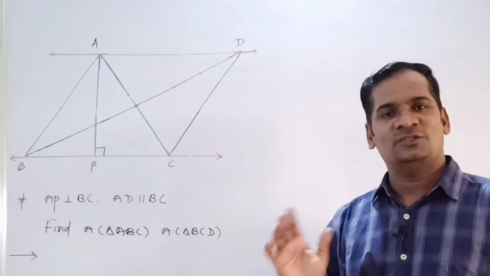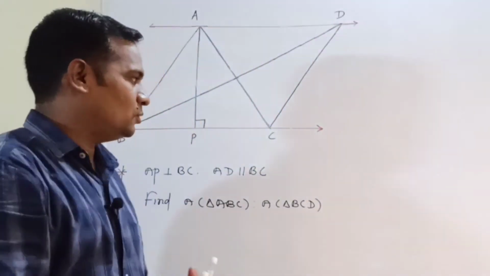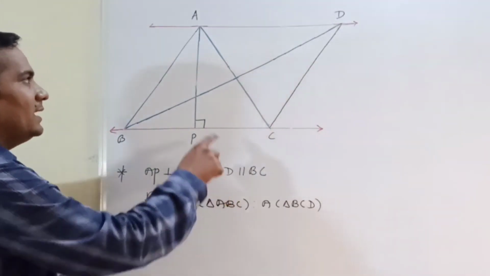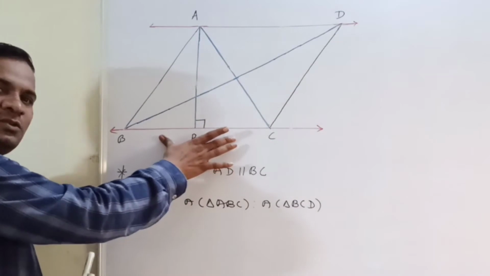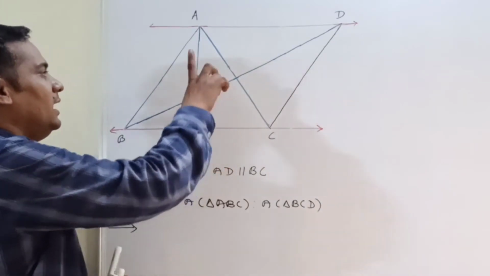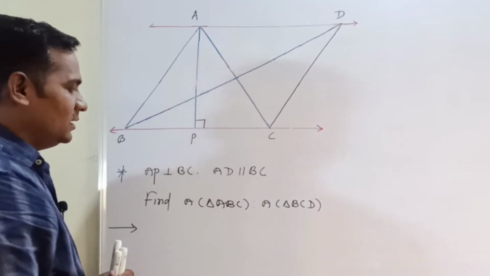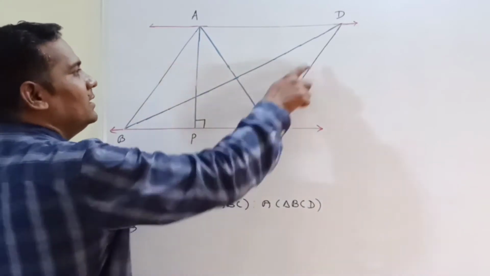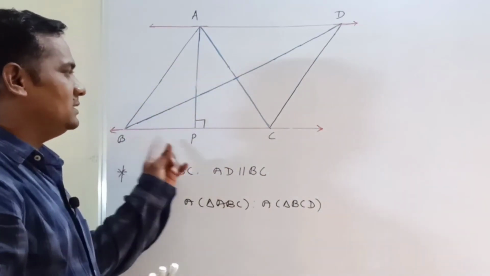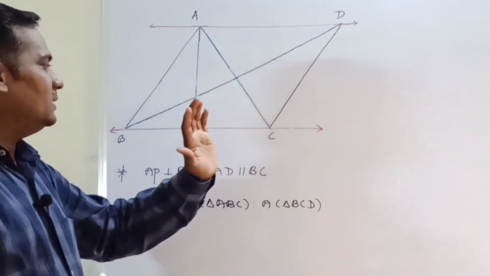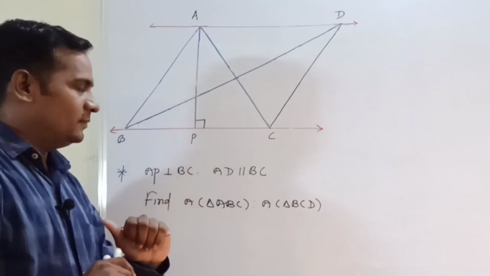So let's find out the base and height of both triangles. In case of a triangle ABC, segment BC is the base and segment AP is the height of the triangle ABC. In case of a triangle BCD, again segment BC is the base of the triangle BCD. That means the base is common or equal between these two triangles.